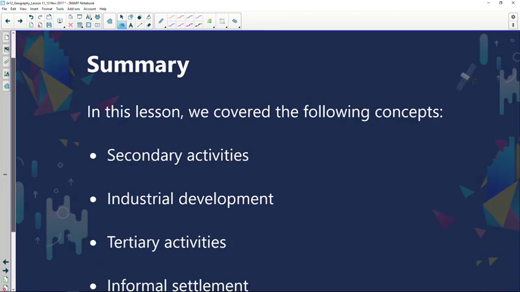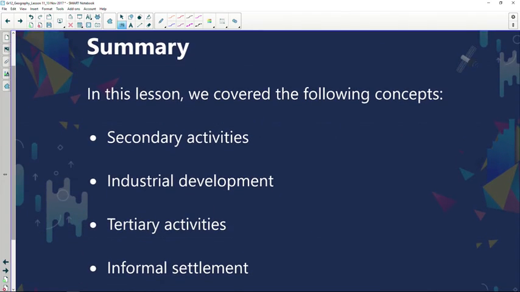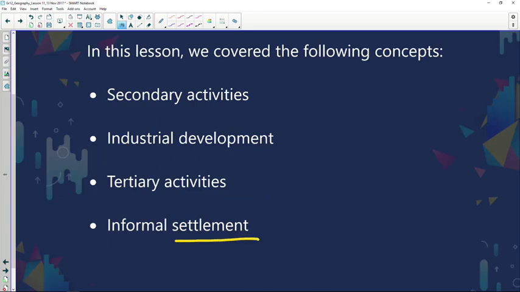We looked at the different industrial development areas. As you can remember, we looked at PWV, Durban Pinetown, Southwestern Cape, and Port Elizabeth Uitenhage. Very important areas for us, they create a lot of employment opportunities for the population of the country. We looked at tertiary activities, services that are provided, and lastly, we looked at informal settlements.